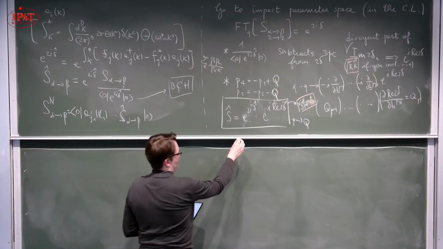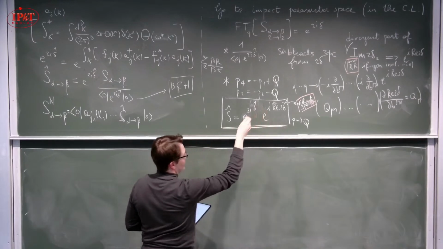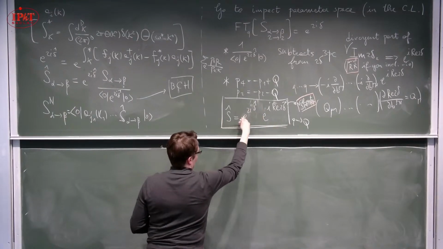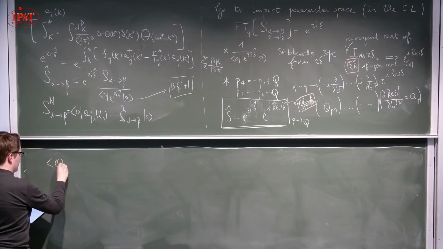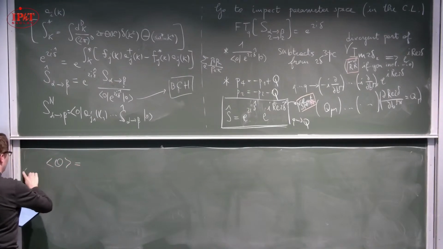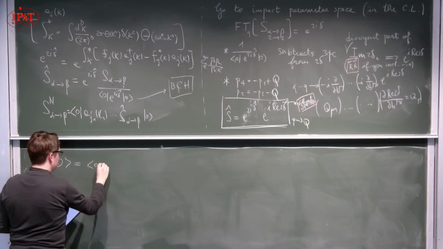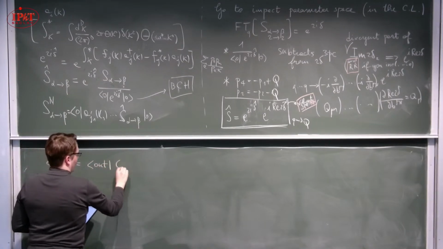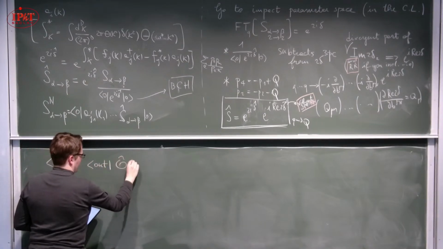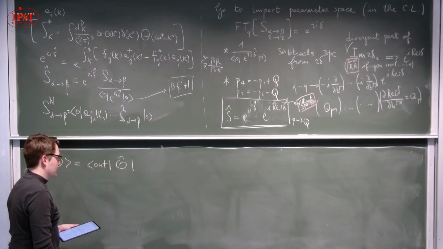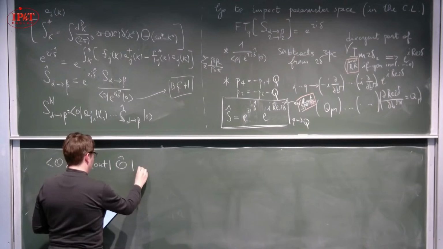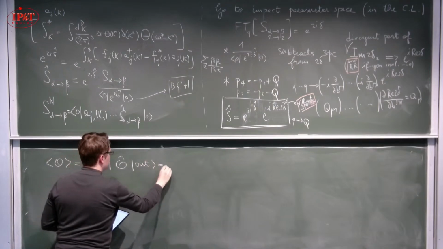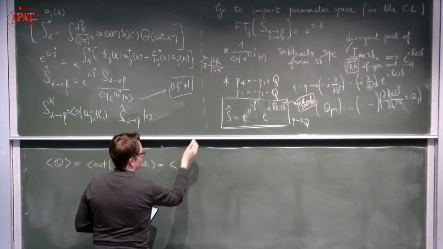In a sense, this is just an approximation for the full S matrix in the classical limit, and that only captures the soft emission. So the idea is to again consider expectation values in the final state of operators describing various classical observables. We are interested in particular in the energy momentum and the angular momentum. And this out state is going to be related to the in state by this.